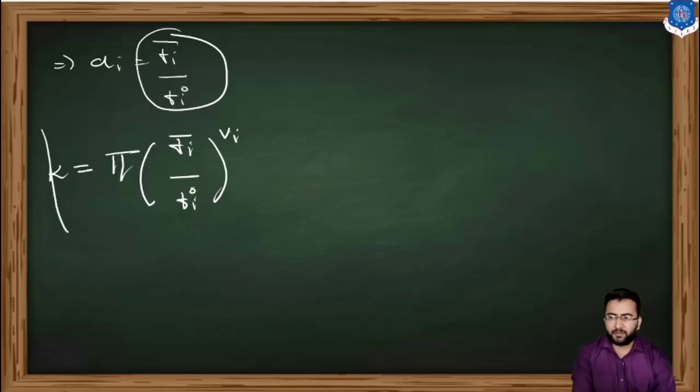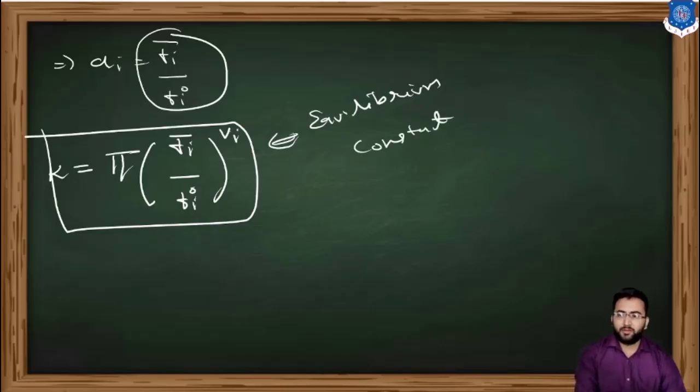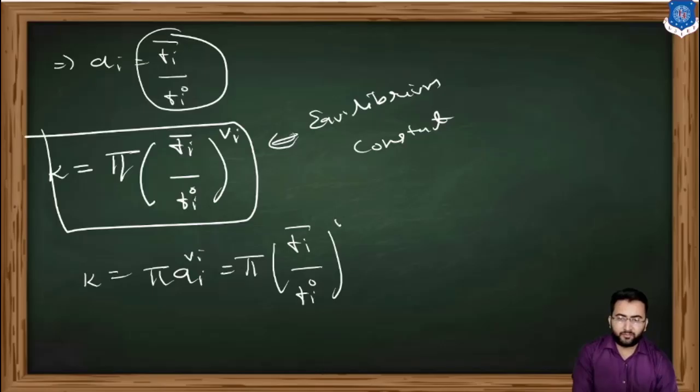So it becomes our equilibrium constant. This is how we can define the equilibrium constant: pi of ai whole raised to vi, and since activity is the relative fugacity, pi of fi bar upon fi naught whole raised to vi.